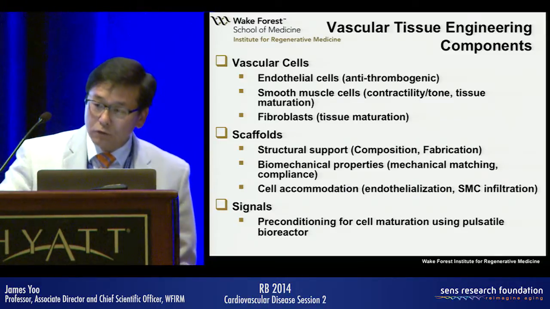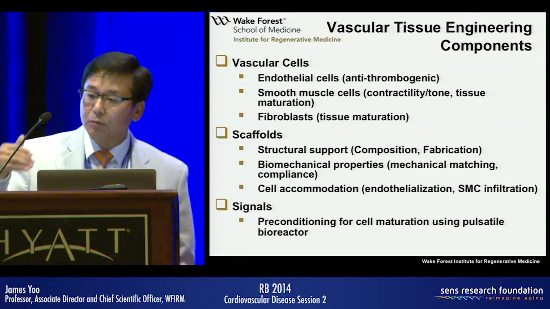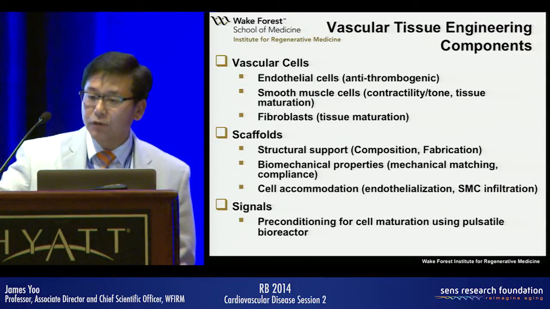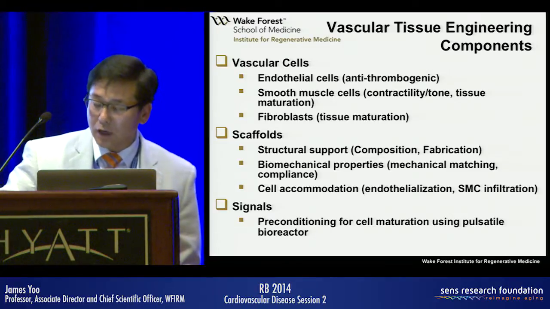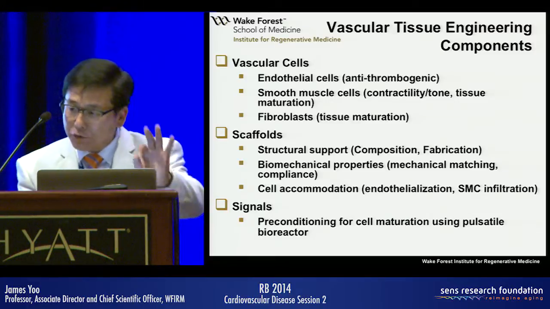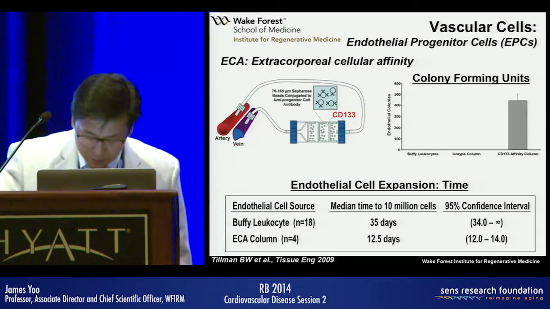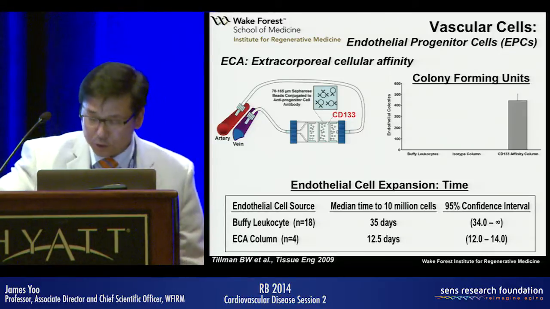The bioreactor serves as a means to help them adapt to a changing environment so that the cells can maintain their adherence. So those are the three components: cells, scaffolds, and the means to further mature the tissue.